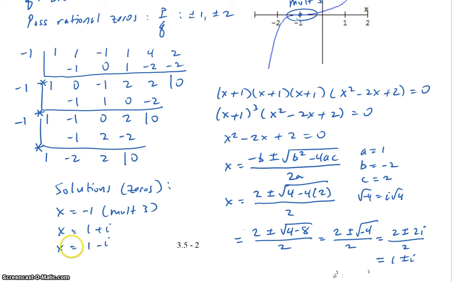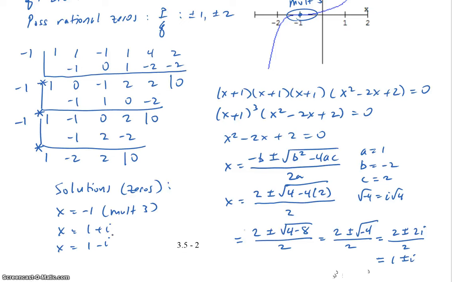Including multiplicities, that's a total of 5 zeros. It's like saying negative 1, negative 1, negative 1, 1 plus i, and 1 minus i. Notice the non-real solutions, 1 plus i and 1 minus i, are conjugates, as they should be.